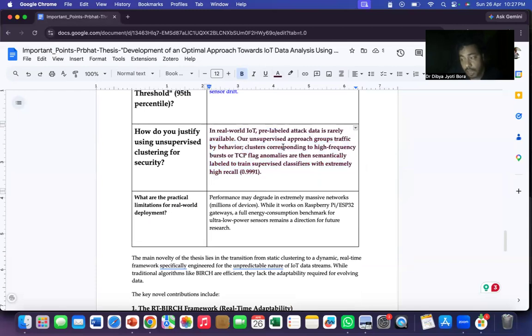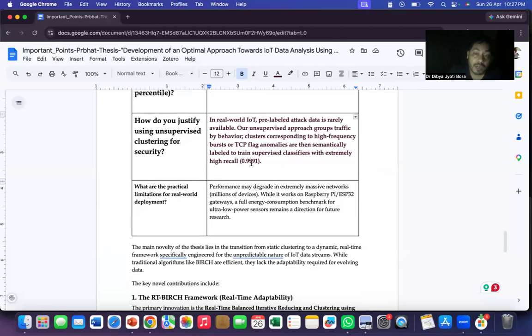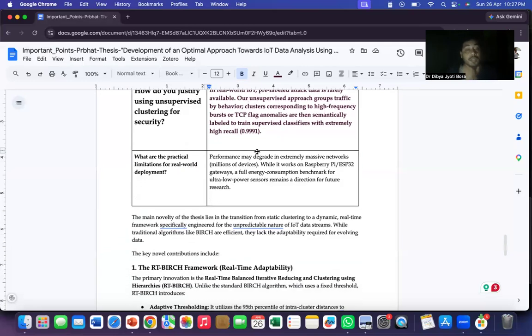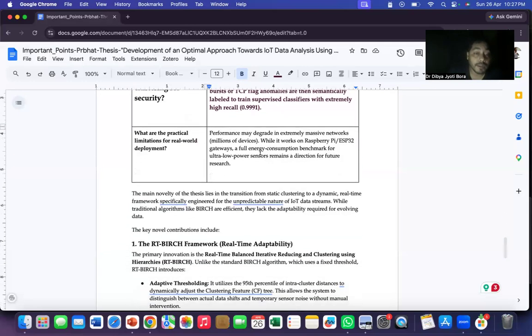I'm talking about supervised ones. So our unsupervised algorithm is best suitable for this type of security situation, right? As it groups traffic by behavior, clusters corresponding to high frequency bursts or TCP flag anomalies are then semantically labeled to train a supervised classifier with extremely high recall.